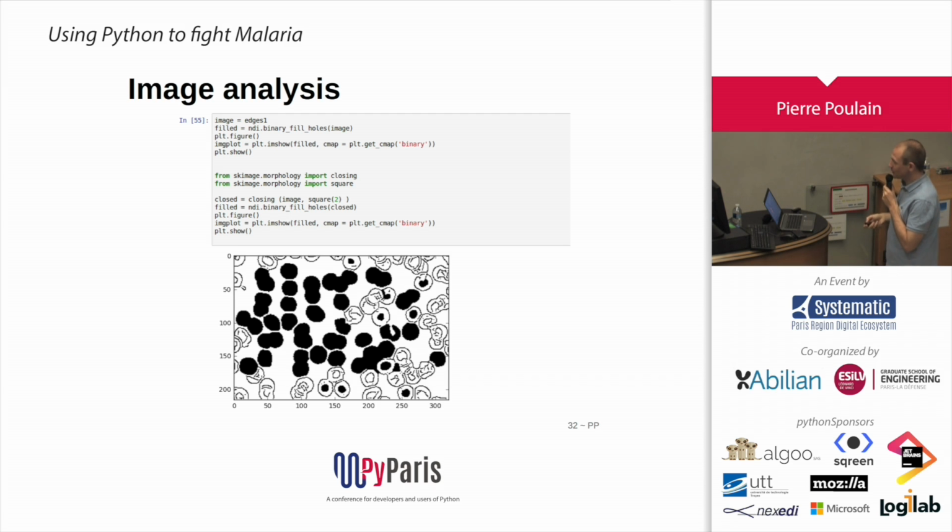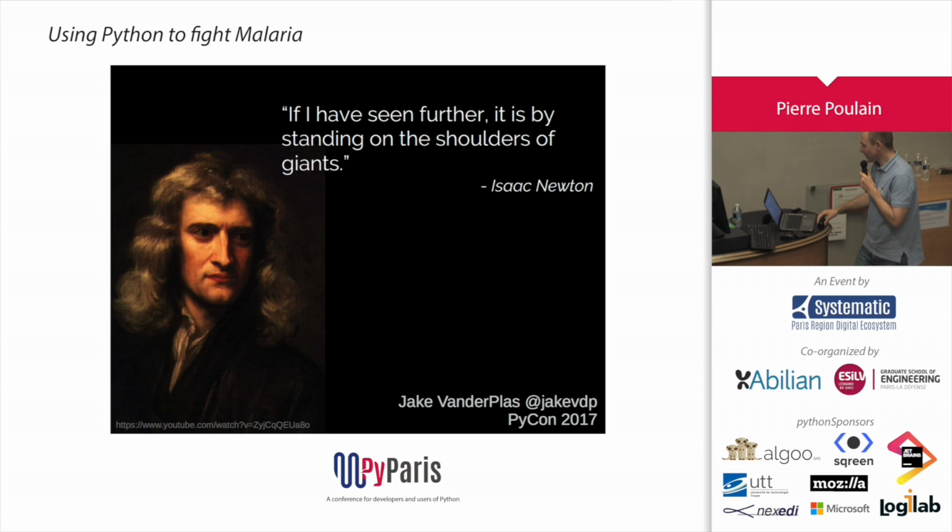To end my talk, I borrowed, with his courtesy, two slides from Jake VanderPlas's keynote at PyCon in 2017. The first one is a quote by Isaac Newton, a very famous scientist, saying, "If I have seen further, it's by standing on the shoulders of giants."